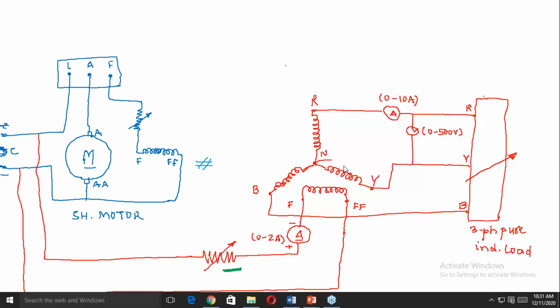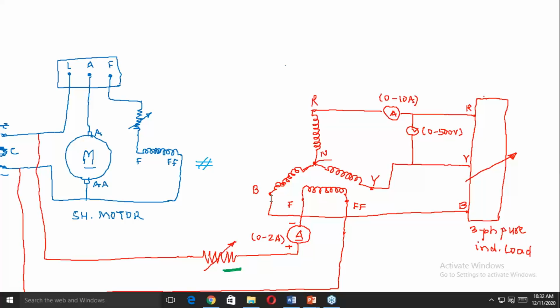This is load, nothing but generator, nothing but one motor. Indirectly, you are loading the motor. Okay, what is the generator doing? Just the power taken from the prime mover is converted into electric power. What is the role of the generator? The generator is just a power converting device. So indirectly you are loading the generator, you are loading the motor.